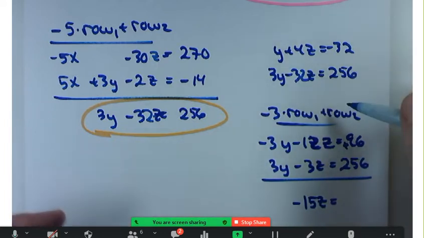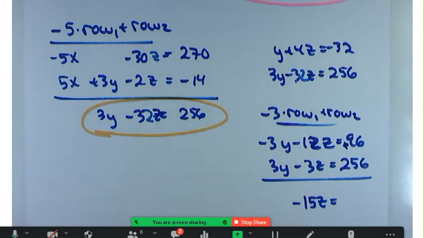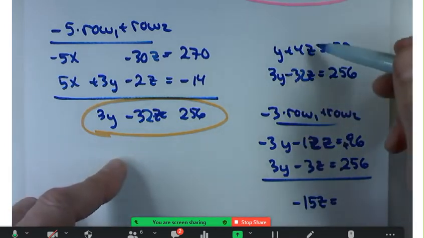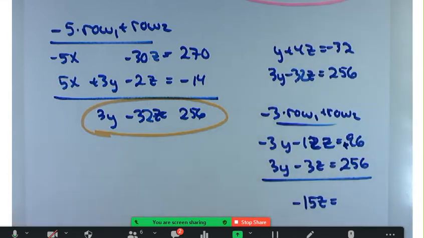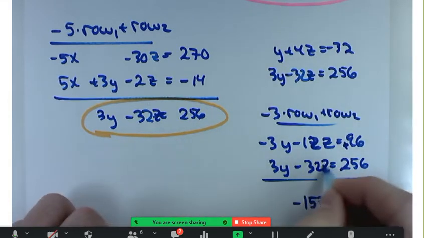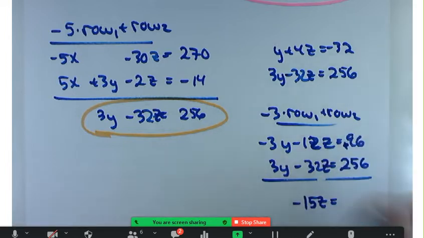All right. So we can still work with William's suggestion. It's just when I add these two together, negative 3 times that should be a negative 32z. And then that's going to give me a total of negative 44z.